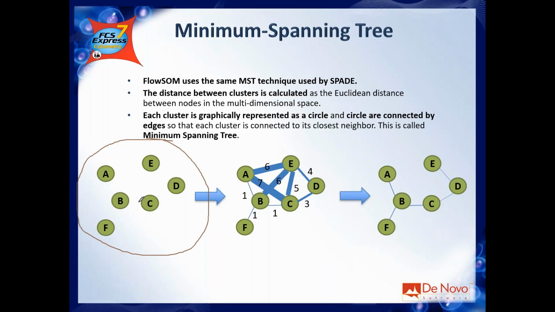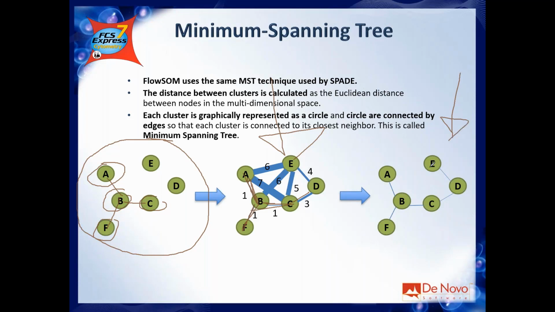Now we are only looking at them in the multidimensional space. The idea is that you will link each node to the closest neighbor this way. So here you see, you calculate the distance between each of them, and then you just keep the ones that are closer. And this is the result.